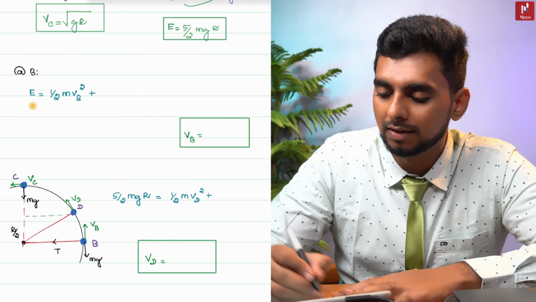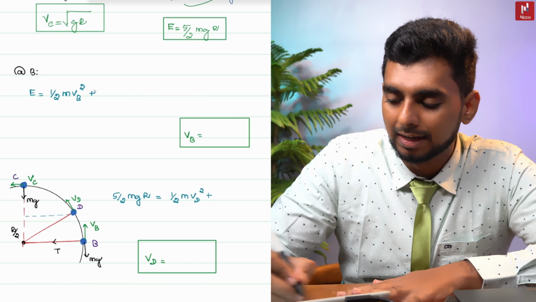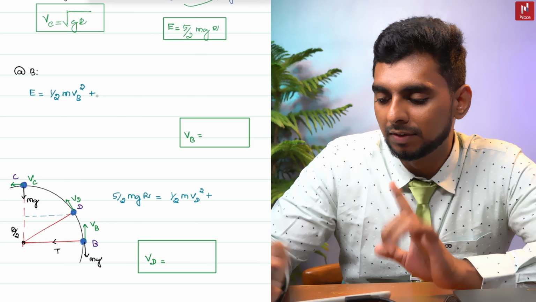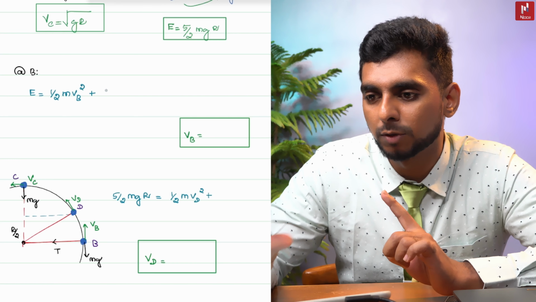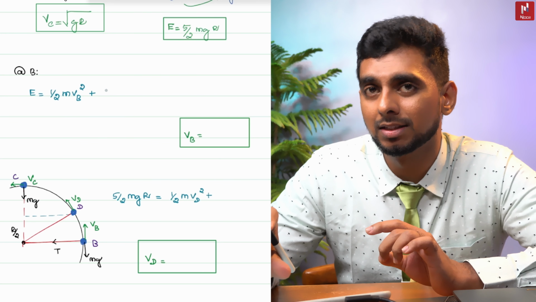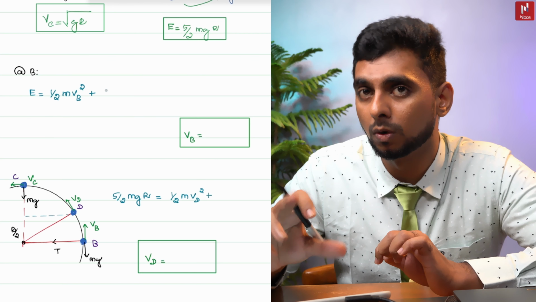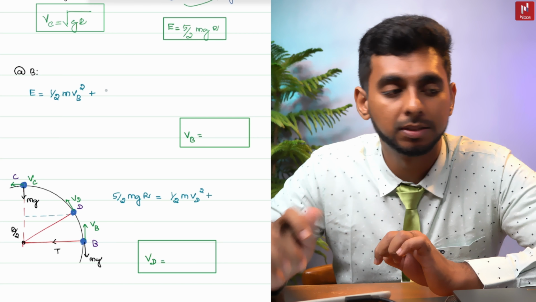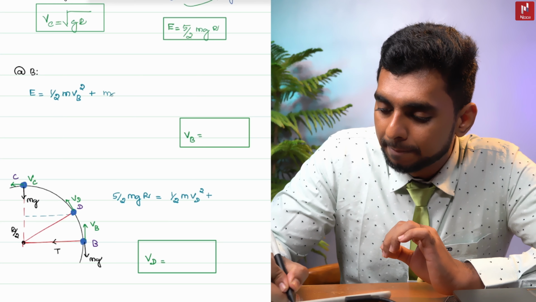So let me do it. It's easy, simple, straight away. So the total energy E will be equal to half m vb square. Got it? Kinetic energy, that vb is something that I need to find. Plus the potential energy. The potential energy is just the radius that it has covered, right? So in the previous case it was 2r for the complete circle. Here it is a semicircle, therefore you will have mgr.